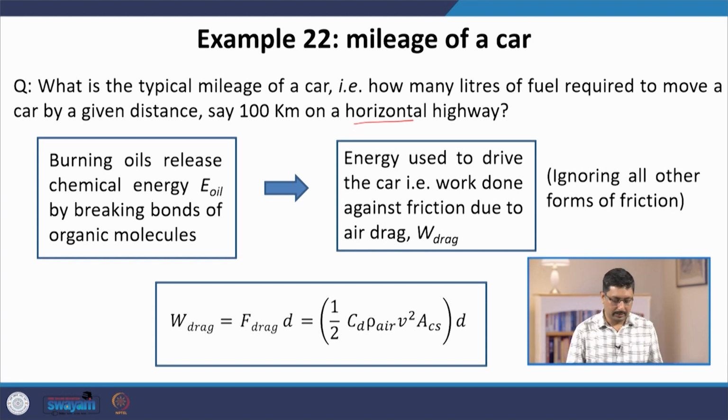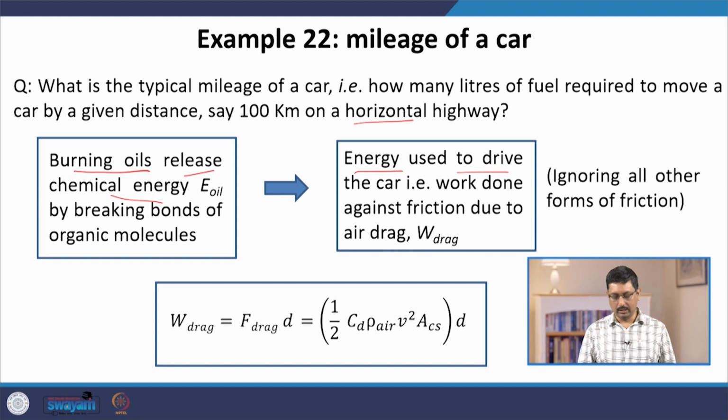We are going to assume that inside the car there is some oil, the fuel, which can be petrol or diesel, and burning this oil releases some chemical energy. This oil consists of some organic molecules, and because of the chemical reaction, we are just going to assume that some bond breaking happens inside those molecules that releases energy, and this energy is used to drive the car.